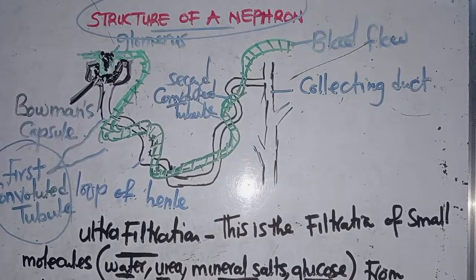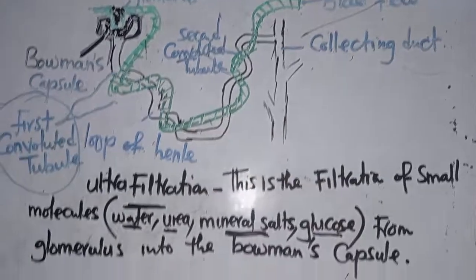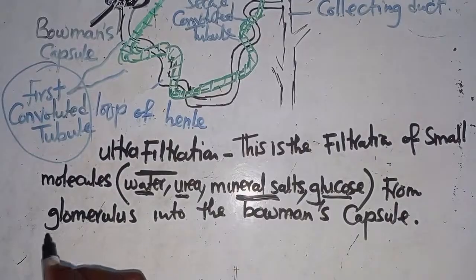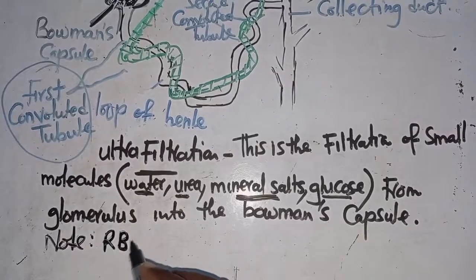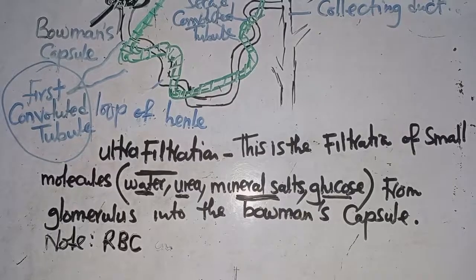And during this process, you discover that the red blood cells and large molecules remain inside the glomerulus. So whenever we are talking about this process, there are certain things you need to note: the red blood cells, RBC.